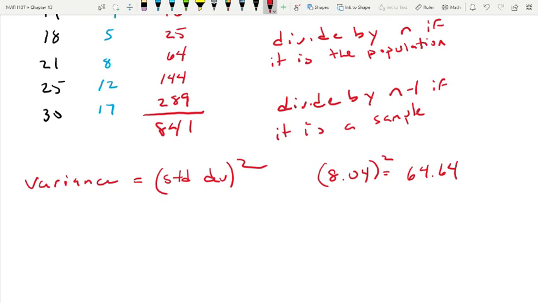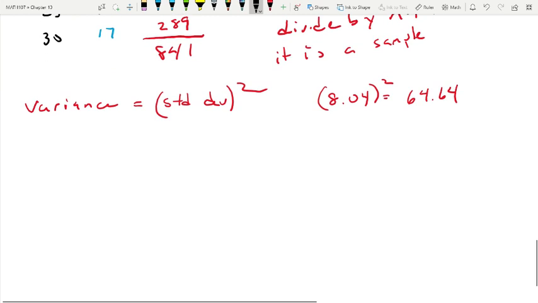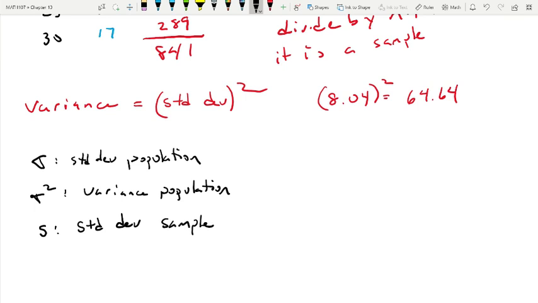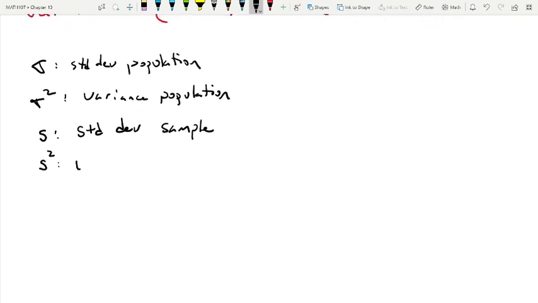So in terms of some of the symbols that are used, sigma is the standard deviation for a population. And then sigma squared is the variance for a population. And then we have s if we're talking about the standard deviation for a sample, and s squared if we're talking about the variance for a sample.